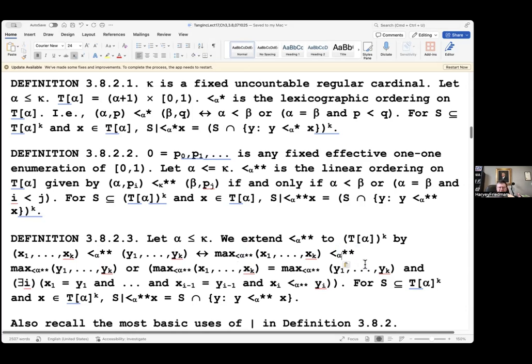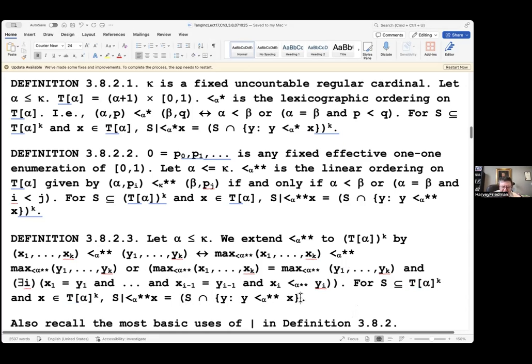In other words, you first determine who's got the bigger max under the unary case. If it's smaller, then you're done. If they're equal, then you go lexicographically. Okay, and then we have this restriction notion, which was butchered a little bit.